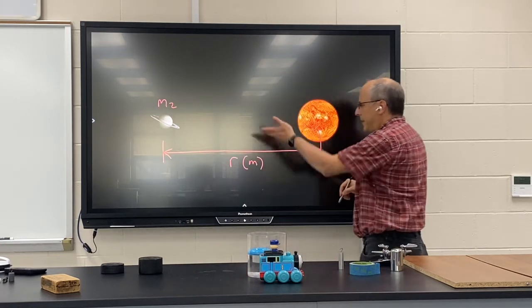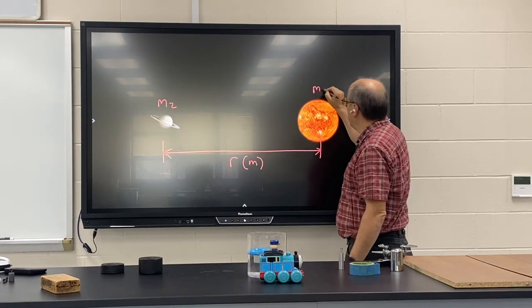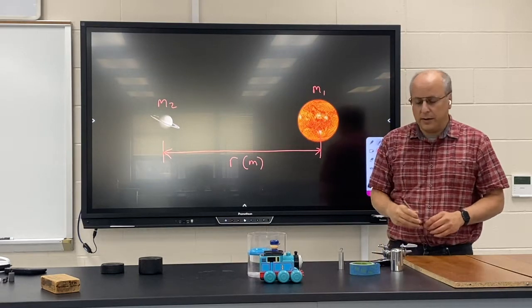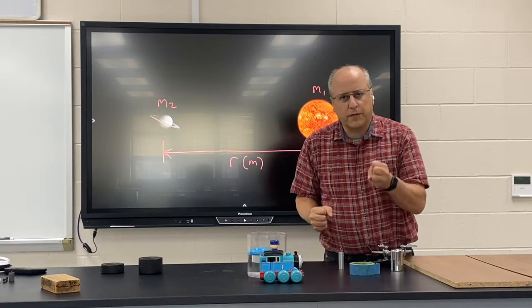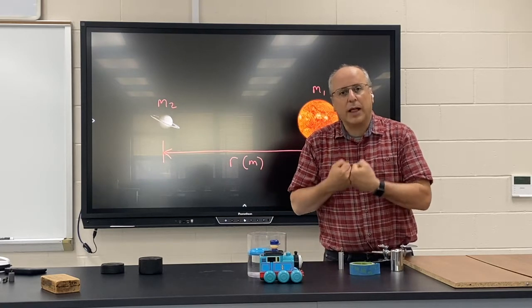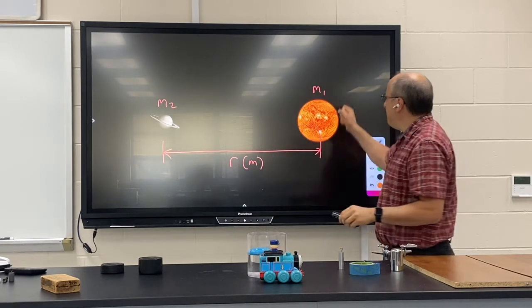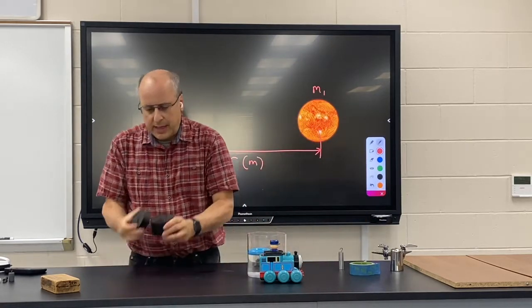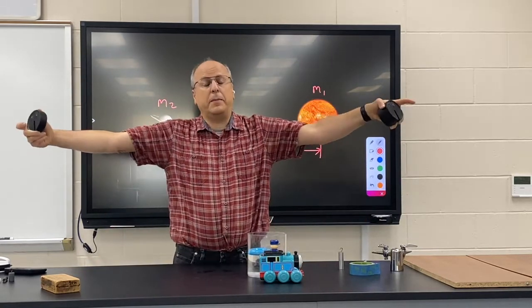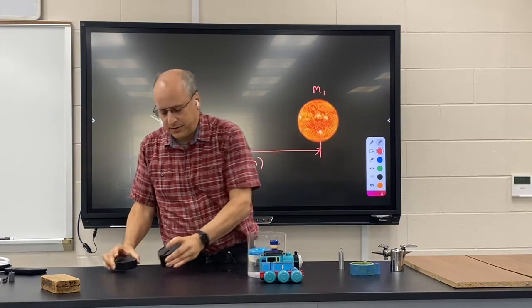So we'll call it the mass of object 2 and the mass of object 1. These are the factors that determine how strong of a pull these objects will have on each other. Bigger masses will make a stronger pull, and a bigger distance will make a weaker pull.